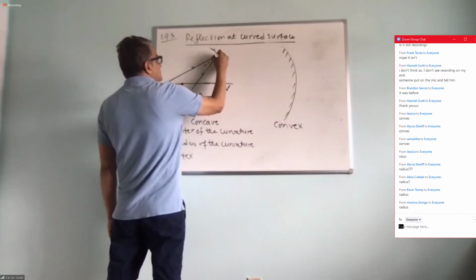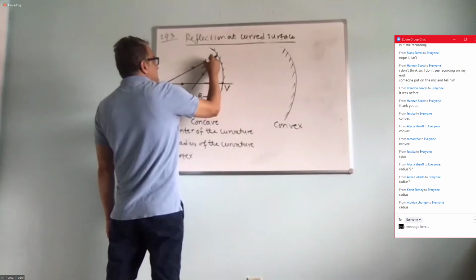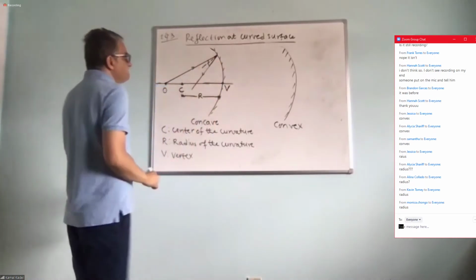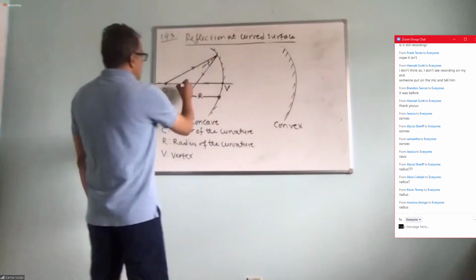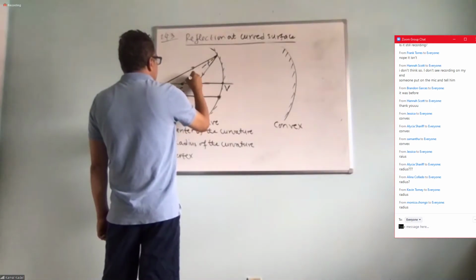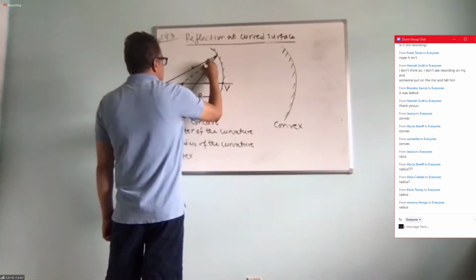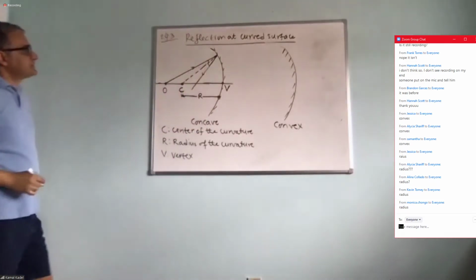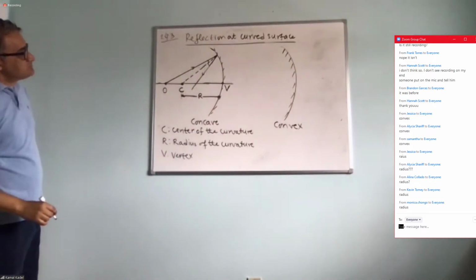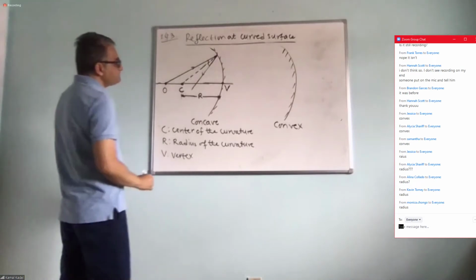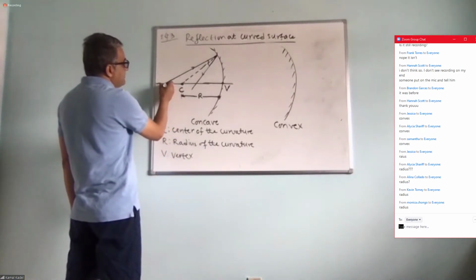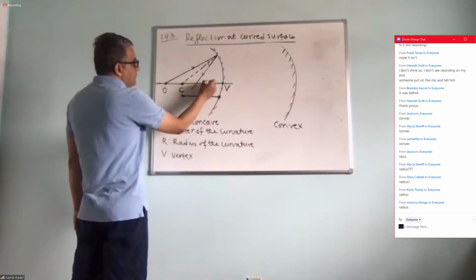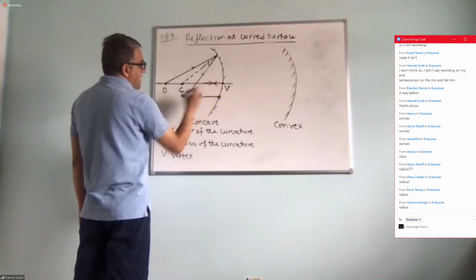This is the normal at this point. So that means this angle and this angle have to be the same, right? And this normal obviously will go through the radius because radius always makes normal, right? Now, one ray will be going along this line, one ray will be going along this line and reflected back.